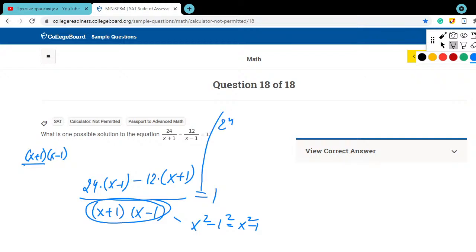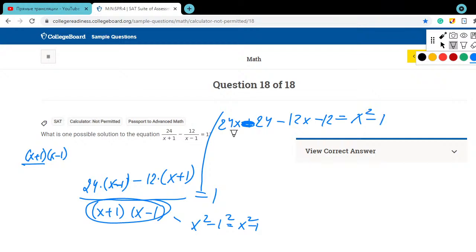Cross multiply: 4x plus 1 plus 24 minus 12x minus, oh, this is minus 1, so it's minus 24, and this is minus 12 equals x squared minus 1.